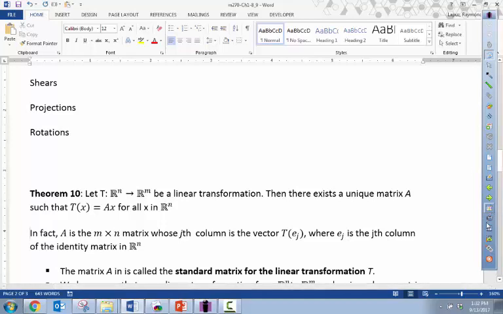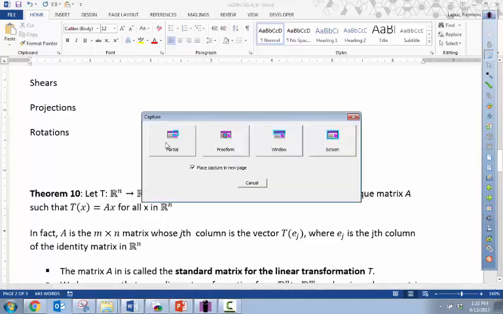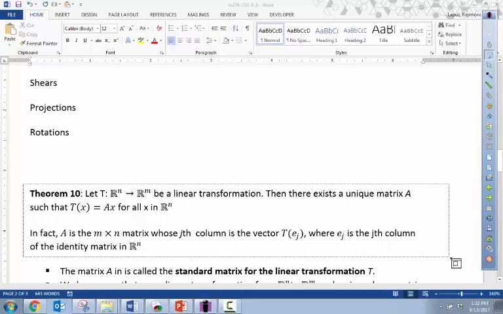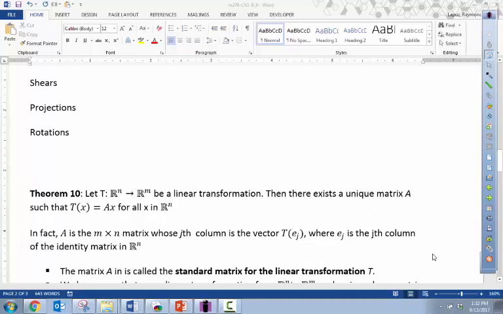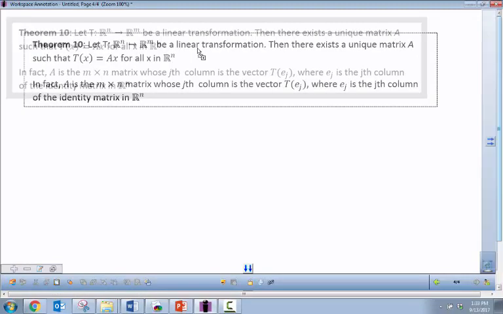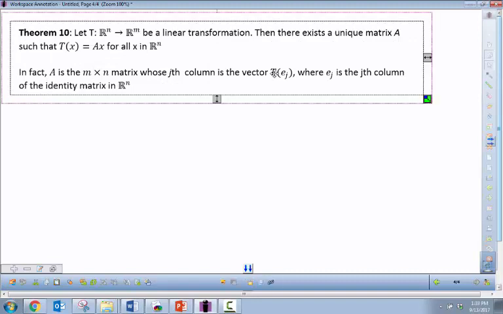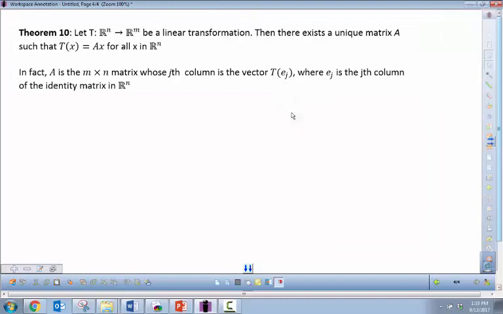All right. So this is our key. If you have a transformation and it's a linear transformation, then there's only one matrix that would support this transformation. And that transformation matrix is dependent on these vectors they call E sub j.